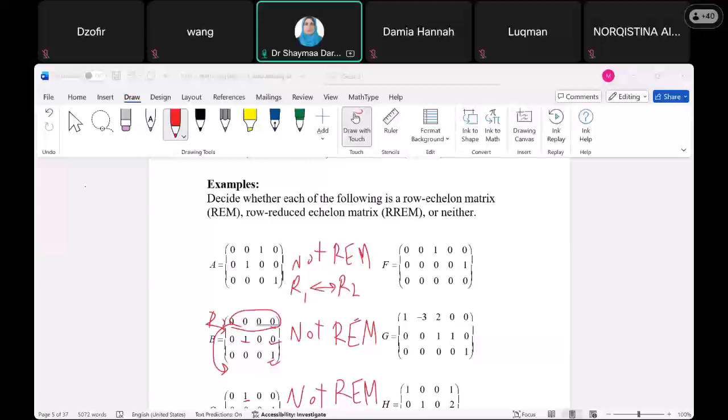Each one come to the right from the previous one. The row with 0 is at the bottom. So this is row echelon matrix. Okay, is it reduced? Yes, reduced because the column that have leading 1, the others are 0, so reduced.